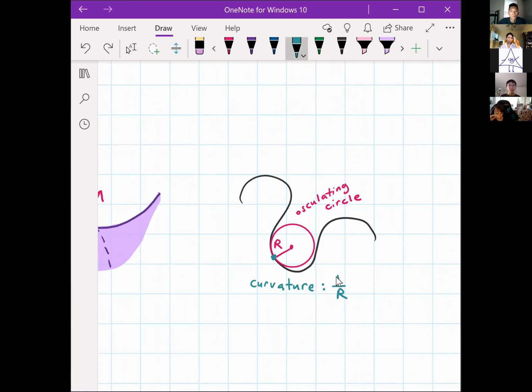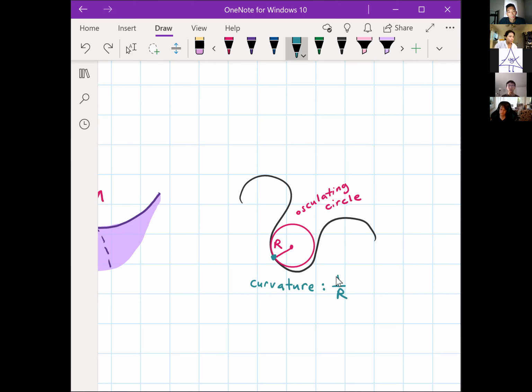So let's say we're looking at this curve over here. If we're looking at this point on the curve, we can consider the osculating circle at that point. This is the circle that most closely approximates the curve at that point. That circle is going to have some radius r, and then we define the curvature to be 1 over r.